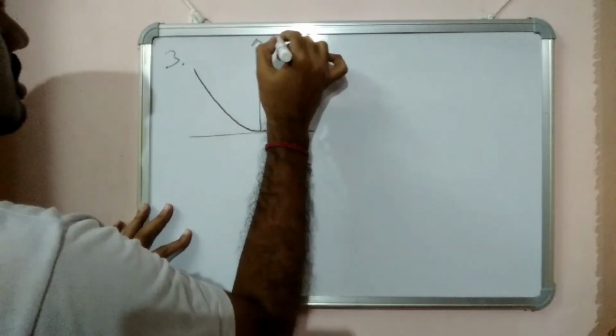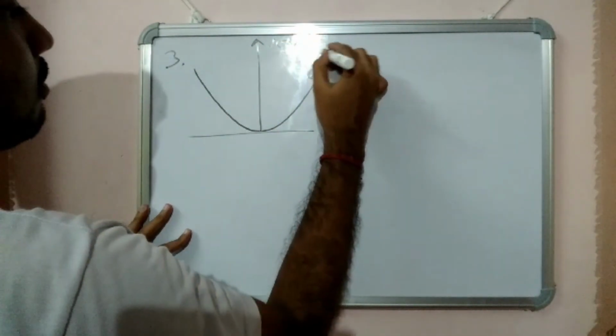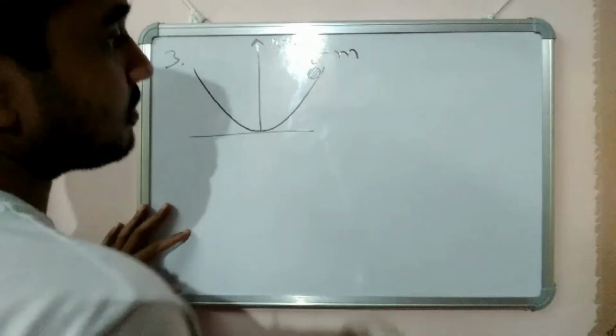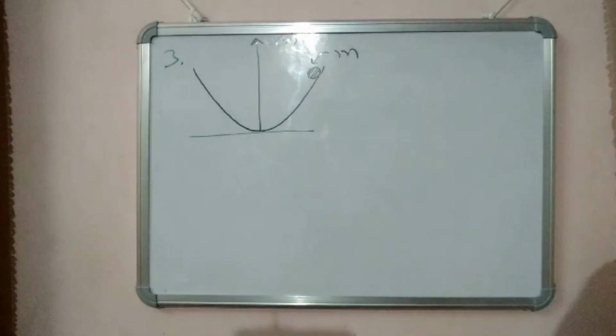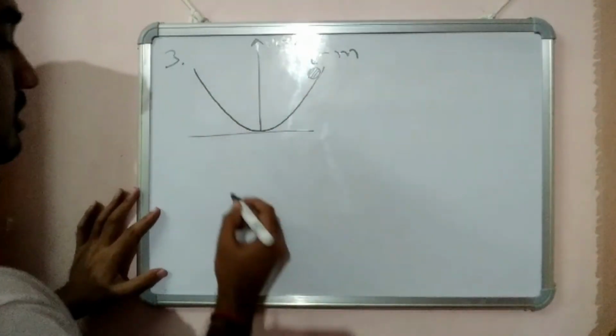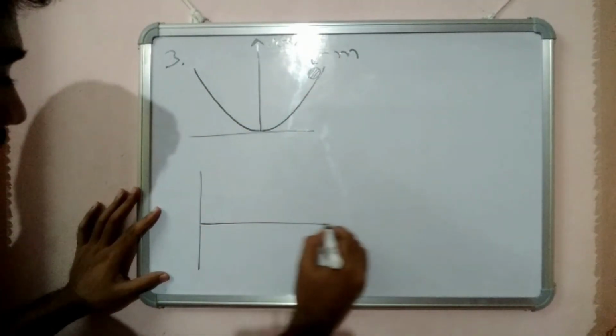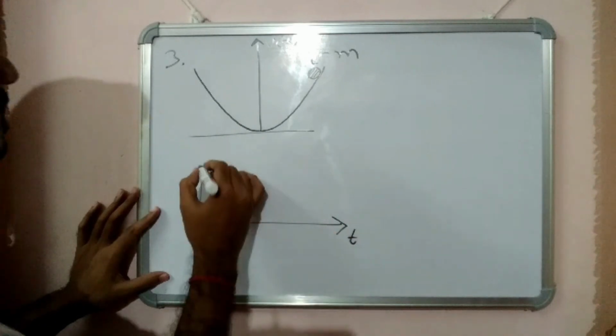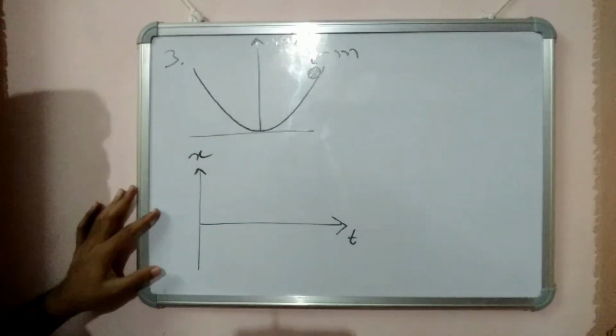And this is Vx, the mass of the body is m. So our xt diagram will be like this. This is t and here it is x.